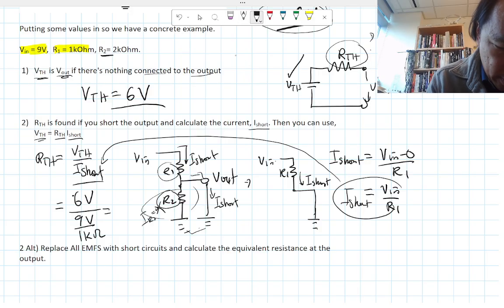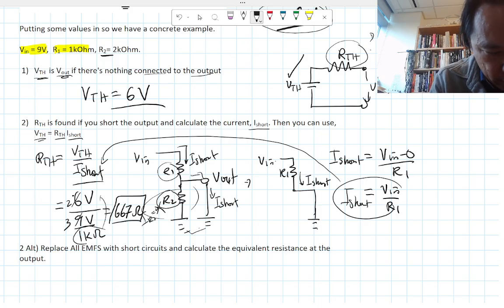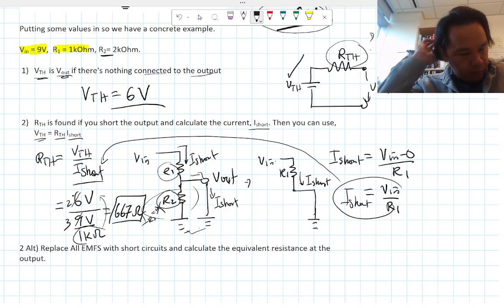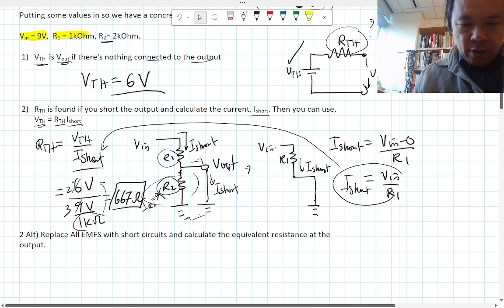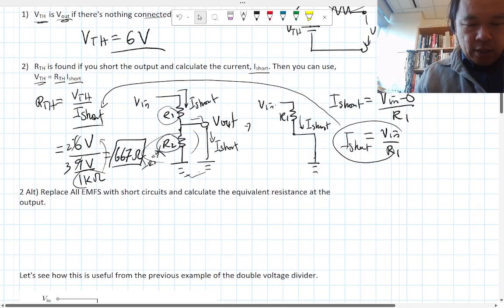It's going to be 667 ohm, because this basically gives you a factor of 2/3, and since it's the denominator, it goes to the numerator, so 2/3 of 1000 is 667. So that's R Thevenin. That's the equivalent circuit.